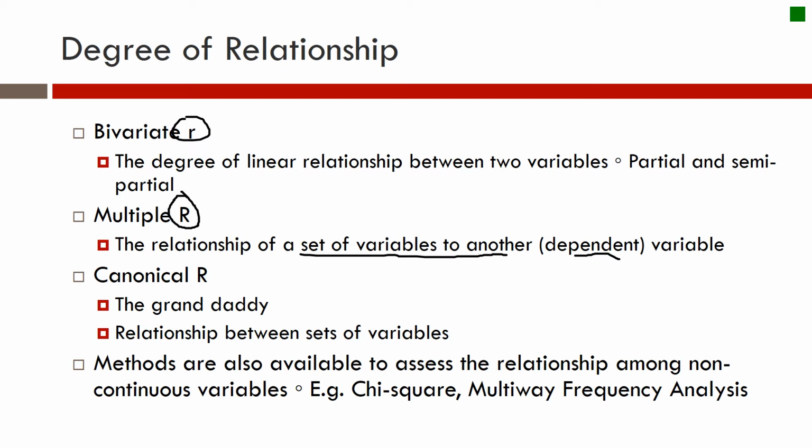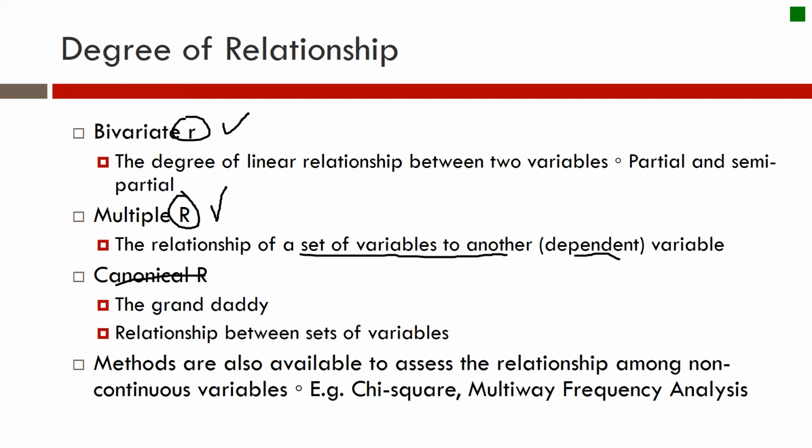Finally, we have something called the canonical R. So we had two variables that were related to each other as bivariate. Multiple variates share correlation with each other and then maybe to a dependent variable. When we look at canonical correlations or canonical relationships, what we're doing is we're looking at the relationship between sets of variables.